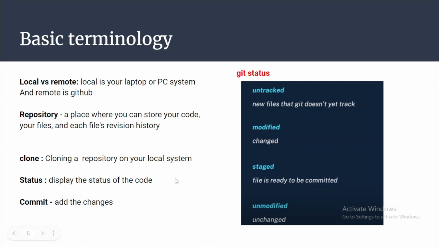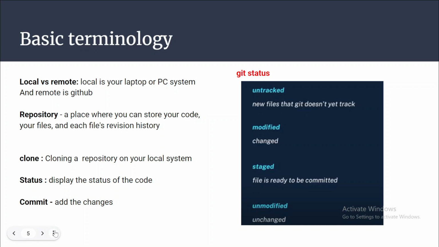So when you do git status, we can have four kinds of status: untracked, modified, staged, and unmodified. Just remember these terms for now. I'll show you on the Linux system also what is git status and what is git clone, with an example.